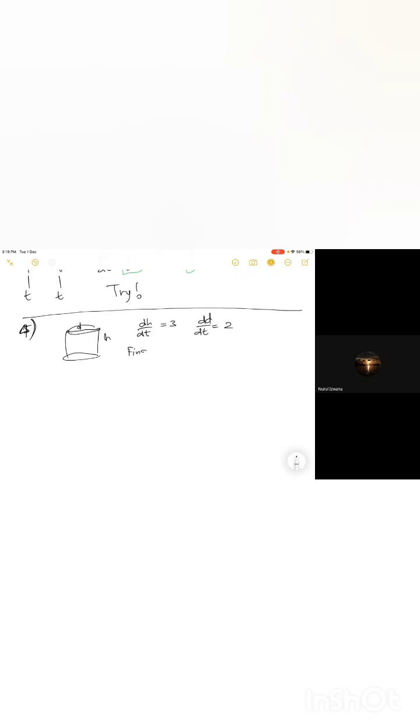Okay, so the question asks you to find dV/dt when h equals 40 and d equals 10. The volume of a right circular cylinder is pi r squared h, right?